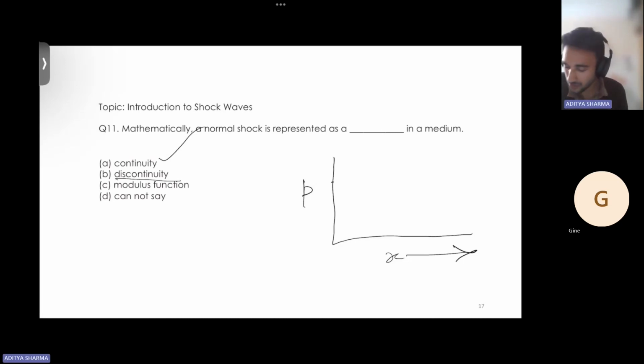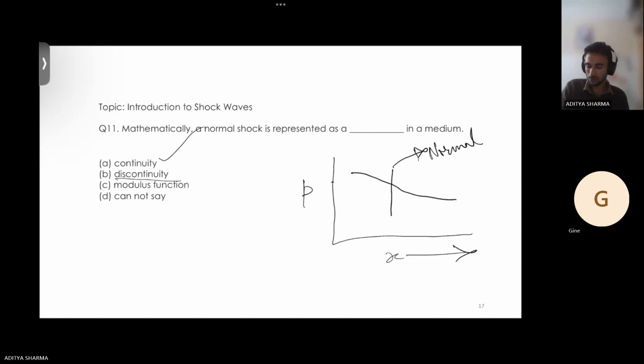If this is a normal shock, whether the trend will be like this?